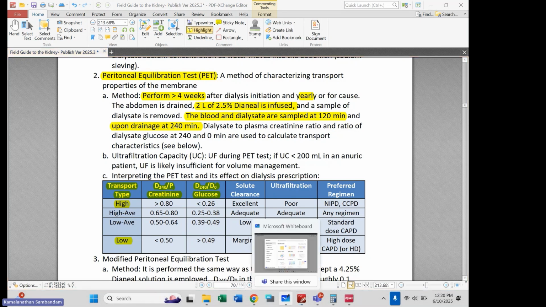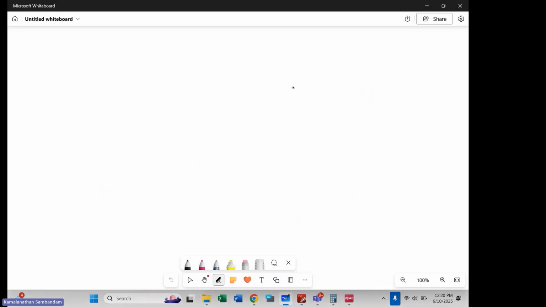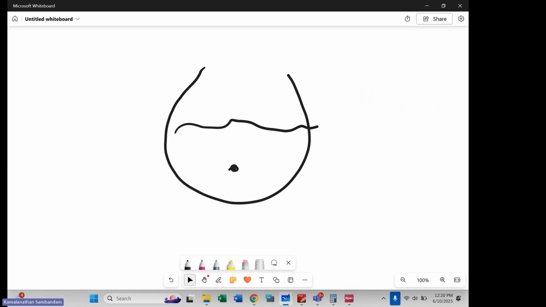Again, if I have high transport characteristics, then I have an individual who has their abdomen, the peritoneal fluid lies in the abdomen. If I'm using, again, a 2.5% dextrose solution, what is happening is dextrose is moving from the peritoneal fluid into the blood, okay?